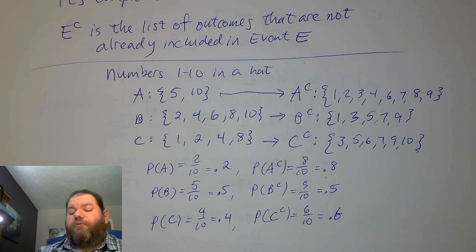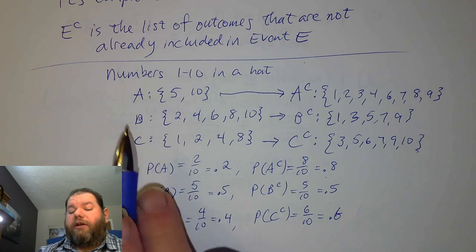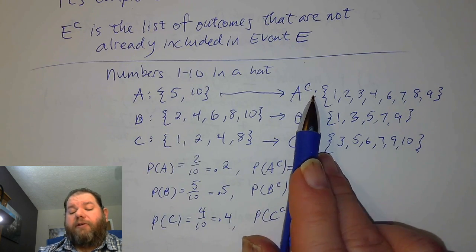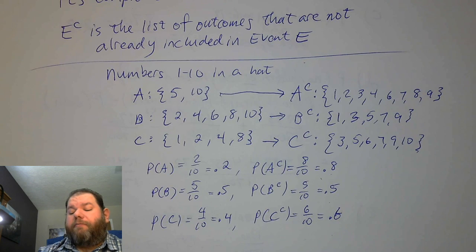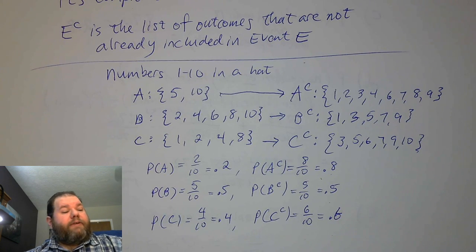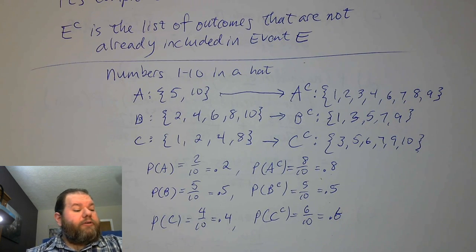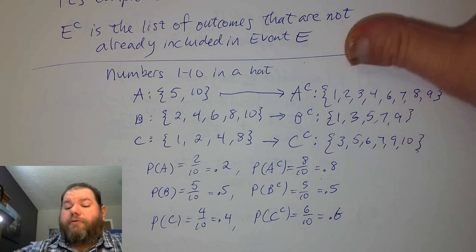Now, what that means is that between the event and its complement, all 10 numbers are represented. Okay? So that leads us to another rule. This is what we call our complement rule.